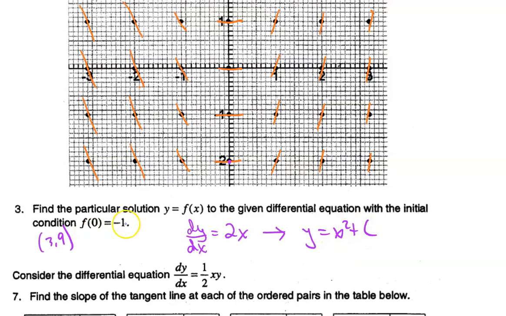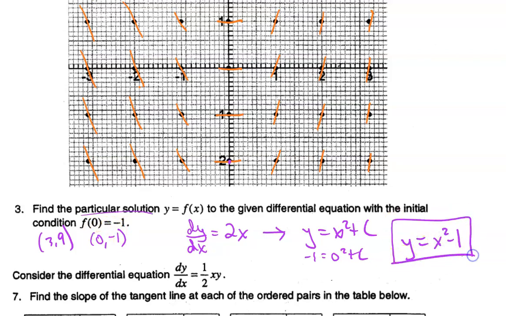And so then remember, we plug in our initial condition. This is the ordered pair 0, -1. So -1 equals 0 squared plus c. C is -1. So the particular solution, which of these curves satisfies this initial condition? Y equals x squared minus 1.